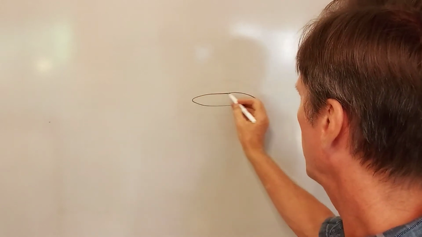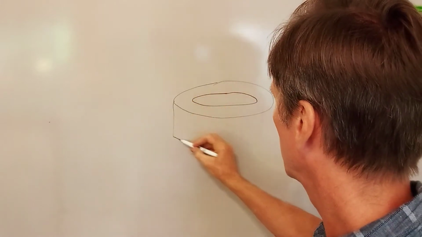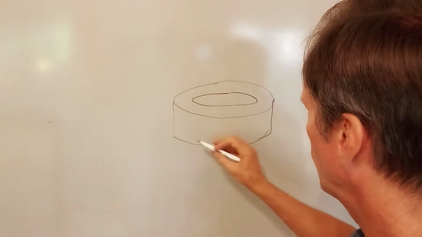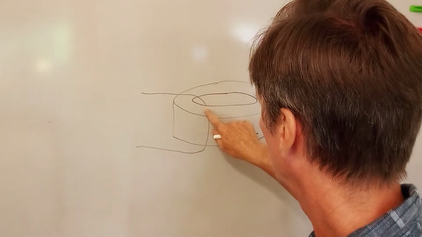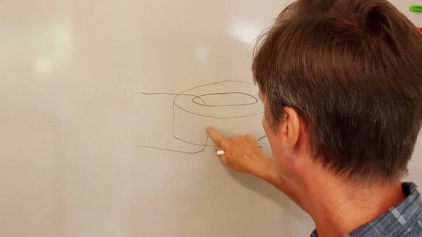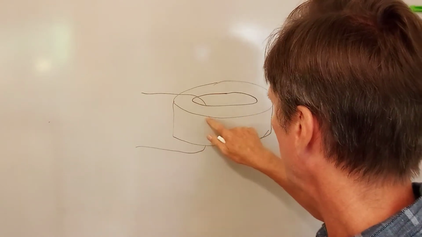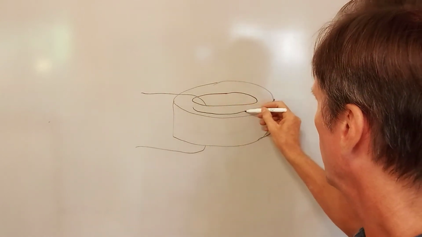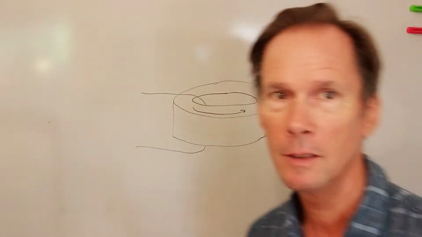If you have a toroid of ferrite or some kind of magnetic material, and you put a loop of wire around it, through it, and generate current flow and create a magnetic field, then the magnetic flux will travel around the interior of the toroid.